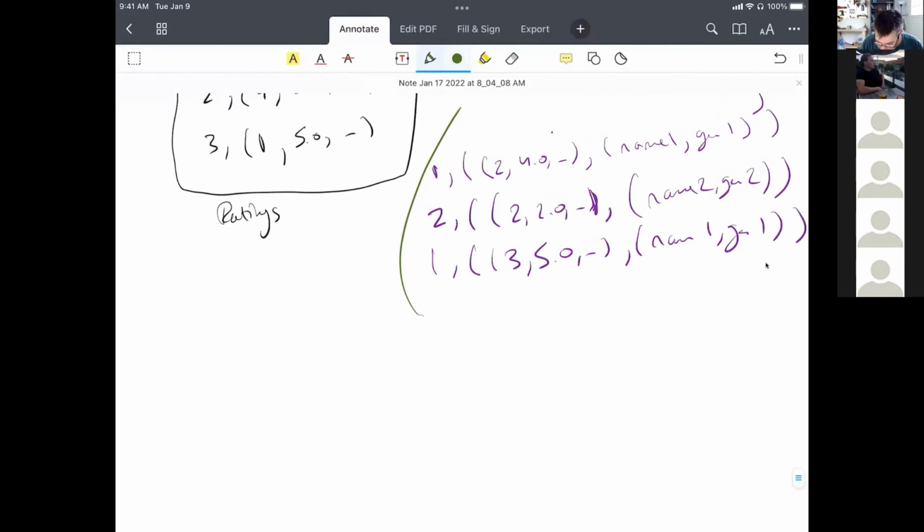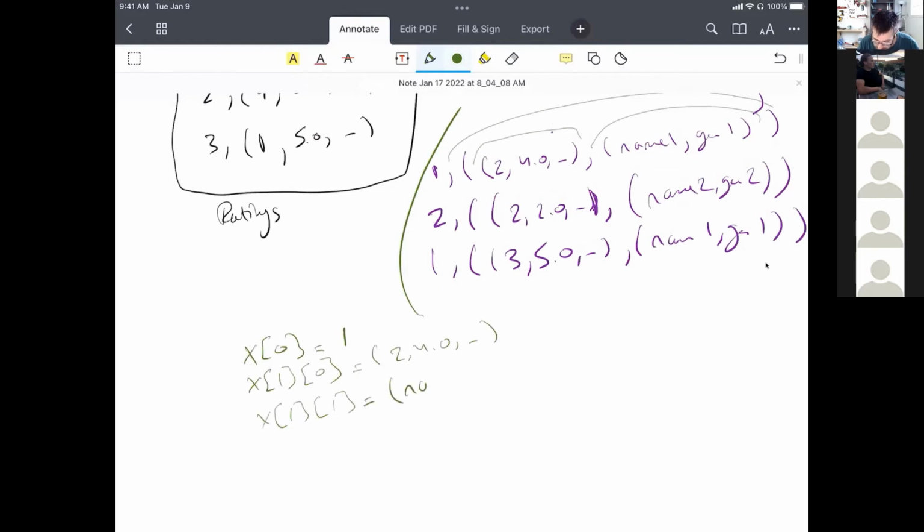So the first thing we do is, all of this would be x at 0, the number 1, x at 1, 0 would be this part, and x at 1, 1 would be this part.